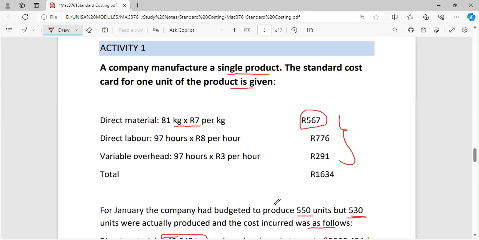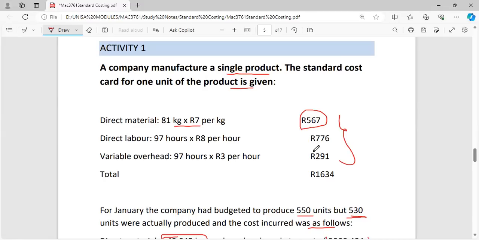Okay, we are here. Yes, the 567, isn't it the total amount for that 81 kg multiplied by 7 kg? They got it after multiplying 81 kg times 7 kg, which is going to be a total amount.